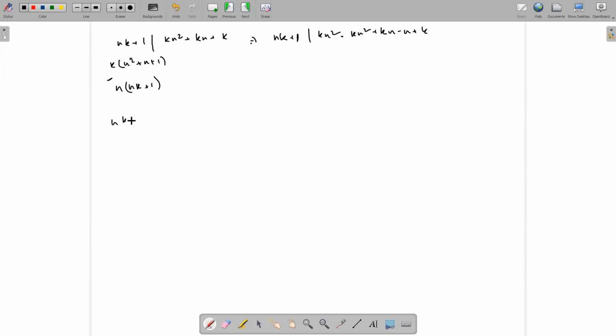Since nk plus 1 divides this and this both, nk plus 1 must divide the difference of those two, right? So nk plus 1 divides k minus 1 times n plus k, right?